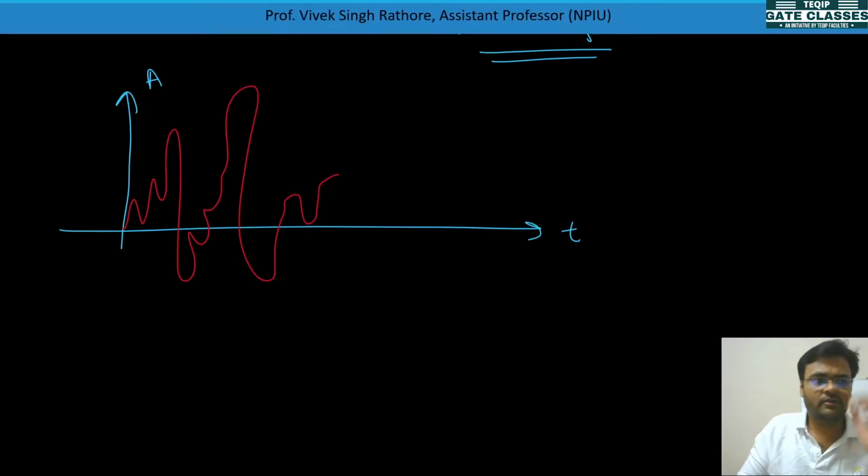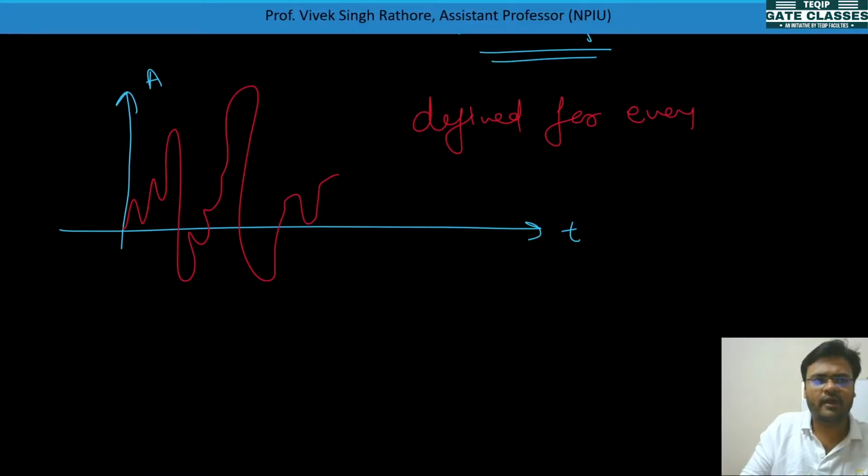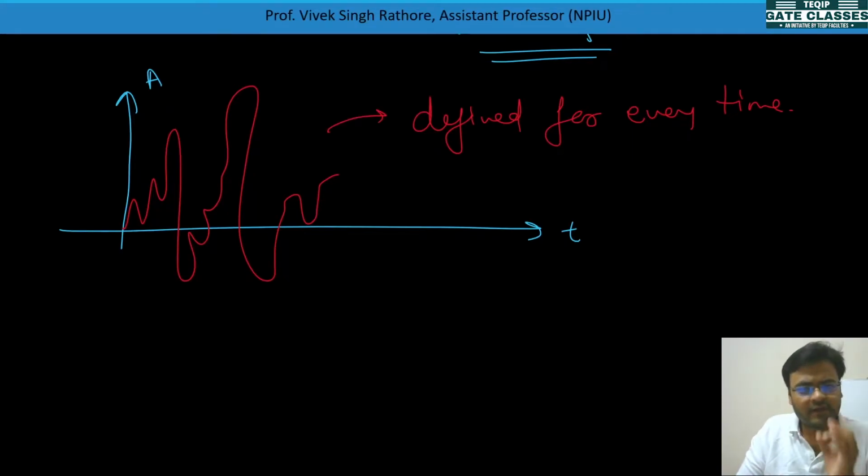This signal has some amplitude, and it is defined for every time instant. Means at 0.1 second also some value is there, at 0.01 second also some value is there. So whenever a signal is defined for every time instant, that signal is called a continuous time signal.